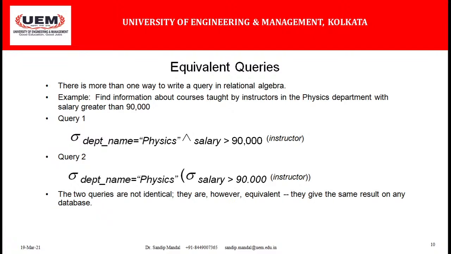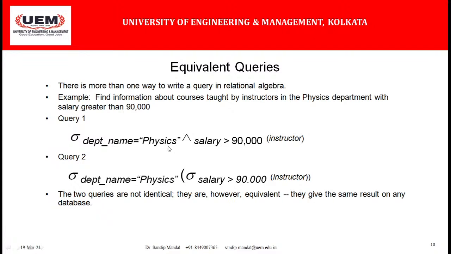For example, find the information about courses taught by the instructor, meaning find the information about the instructors who taught courses in the physics department with a salary greater than 90,000.